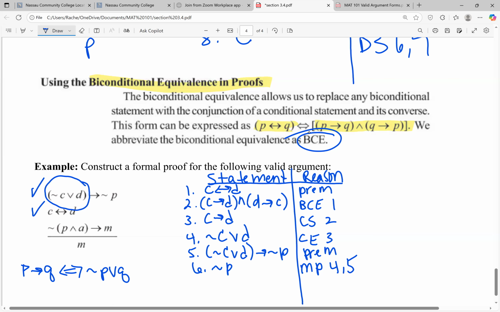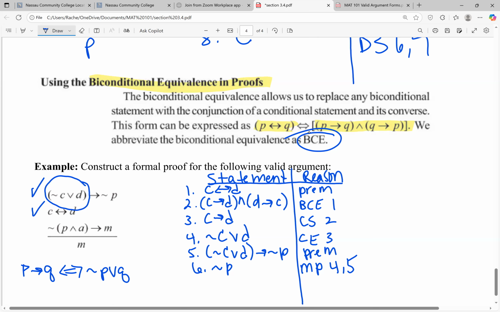So now I'm looking at premise 3 because that's the only one we didn't use yet. Well, not that we have to show that it's true, but we have to show eventually that the conclusion is true. We could state that the third premise is true just by stating it as a premise, but I want to be able to use that in order to get to M, right?